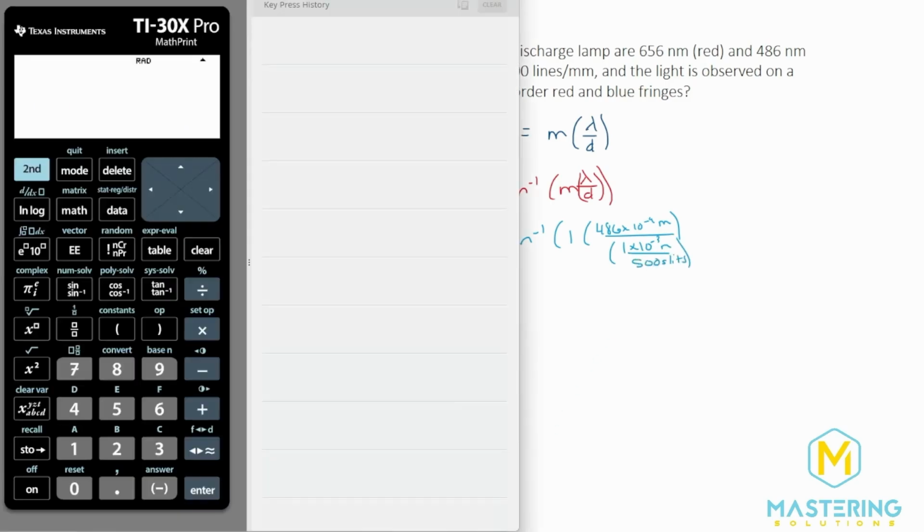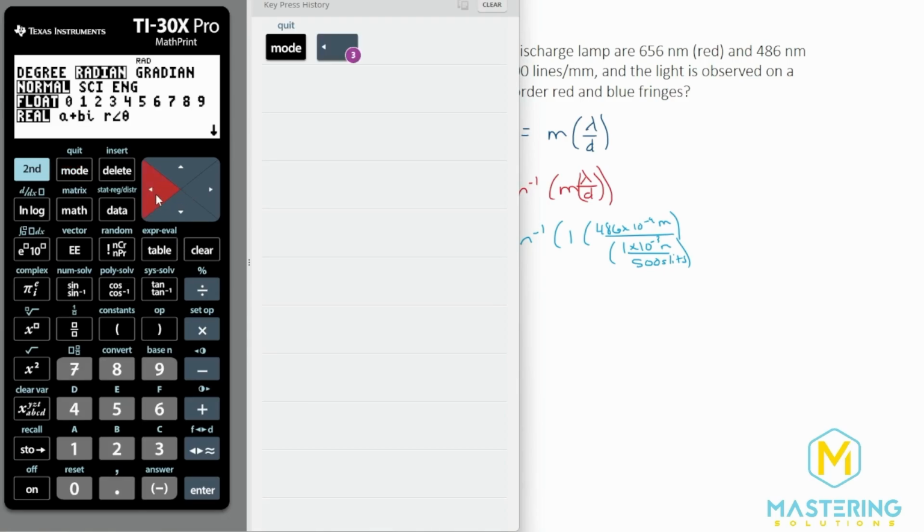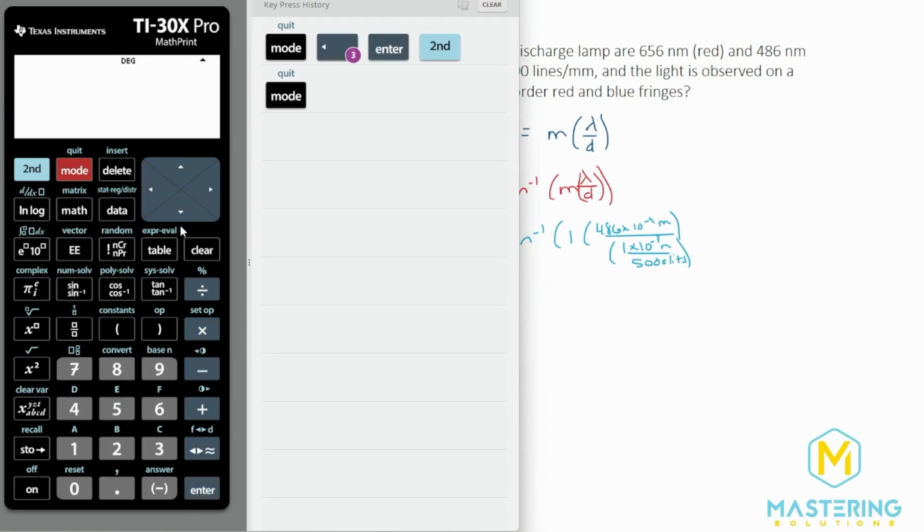So now we can go to our calculator. For this one, we want degrees, so make sure that your calculator is in degree mode. You can of course convert from radians back into degrees if you forget, but by that point you might as well just change it and retype it in your calculator. It's about the same amount of time.